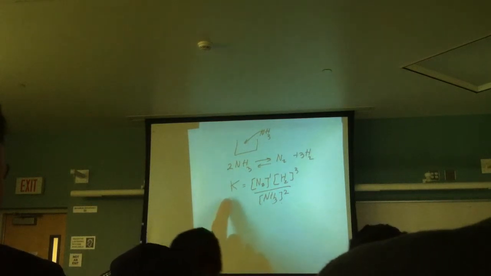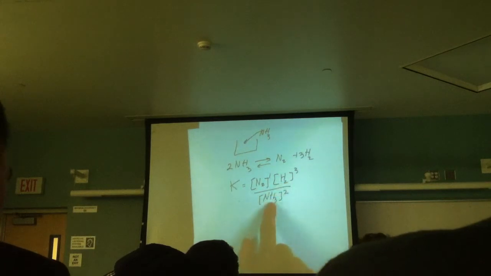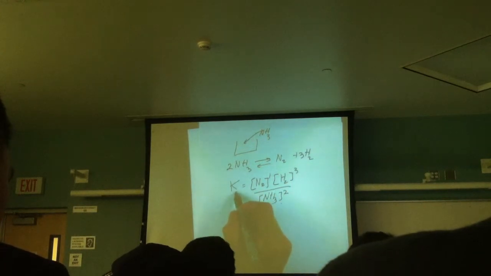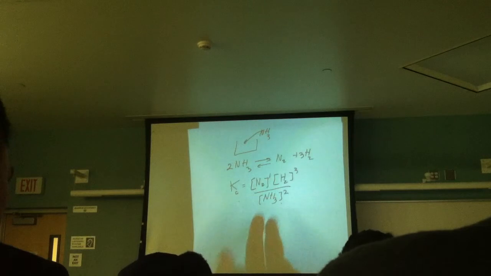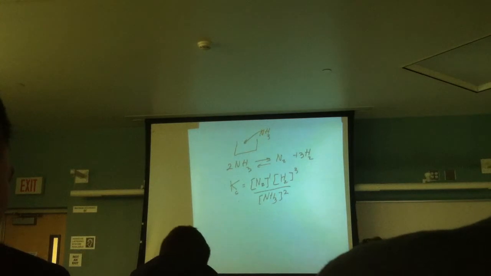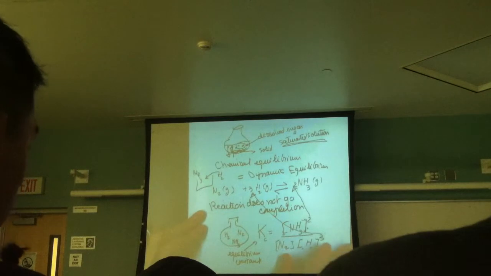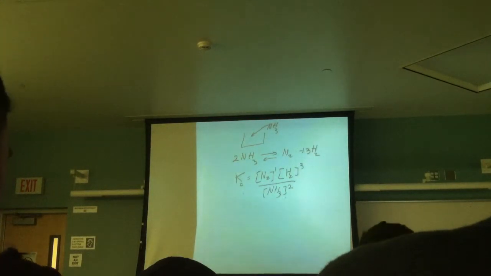I'm representing the equilibrium constant in terms of concentration, so I put a little letter C. The equilibrium constant is expressed as concentration, molarity. Go back here. Put a C for the first equation, put a C for the second one.